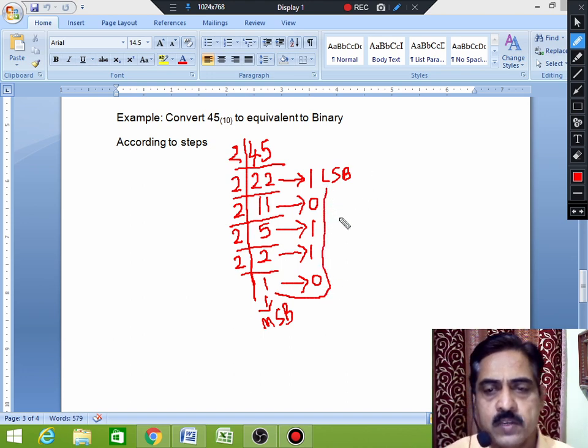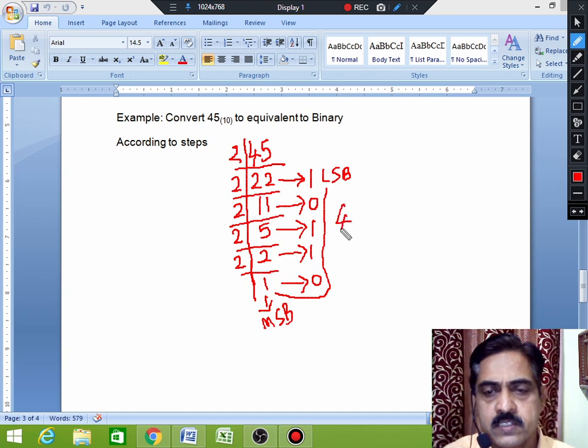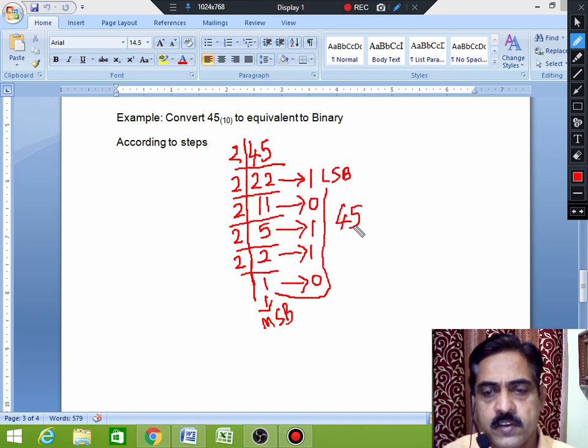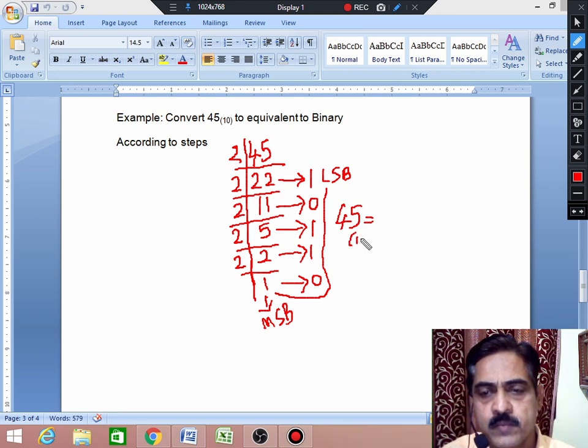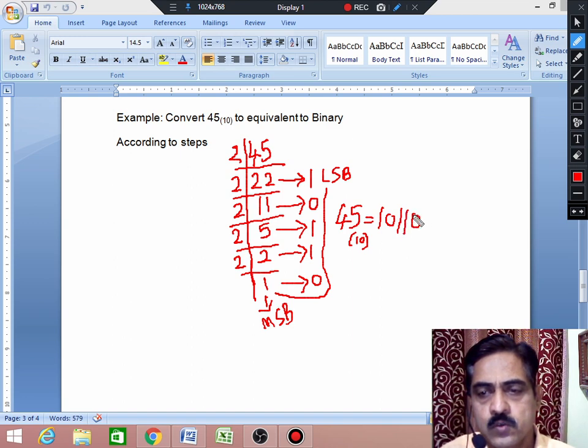Therefore the conversion of 45 base 10, its equivalent is 1 0 1 1 0 1 base 2.